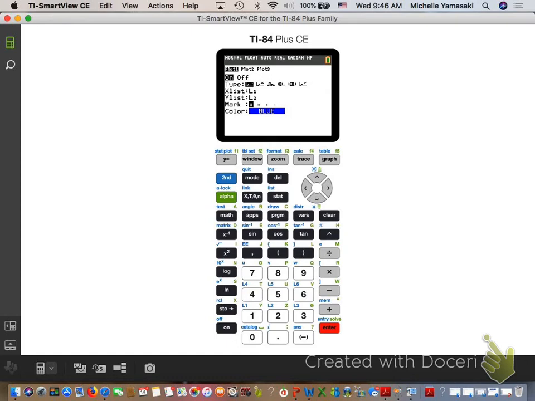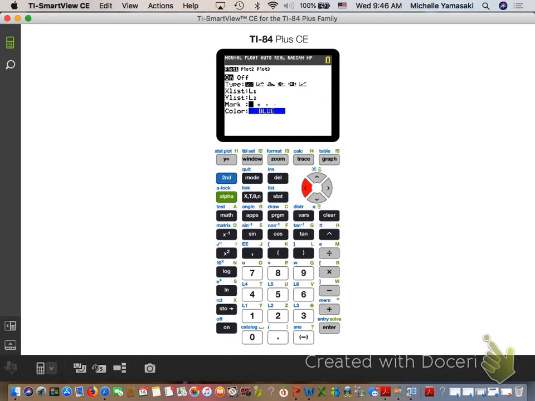You guys with me? Okay, now I want it to be a stat plot. These are different kinds of graphs you can create on here. I want it to use list 1 and list 2 because that's where I entered my data. I'm going to arrow down, arrow down, arrow down. I can change list 3, list 4, whatever. I can change it to be a box or a plus or a little big dot or a little dot.